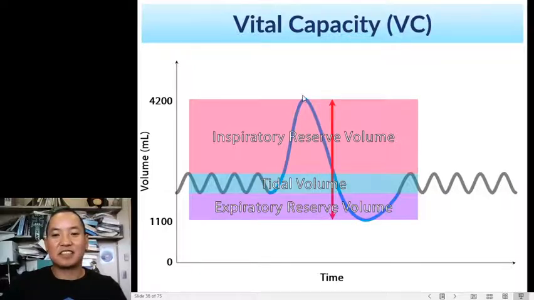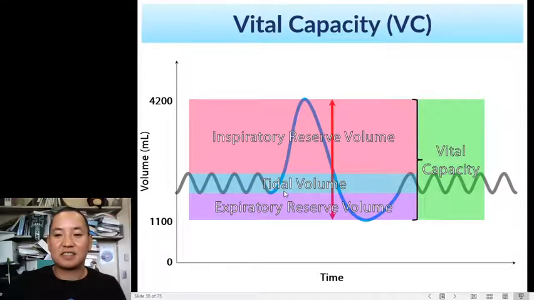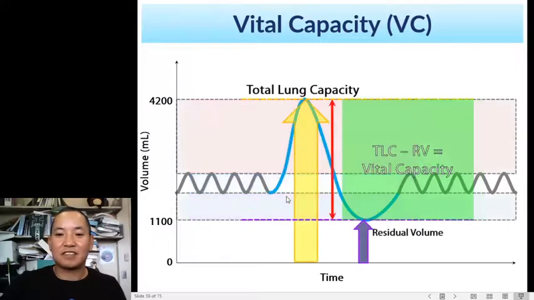I prefer just taking the maximum versus the minimum, but they both end up with the same number either way. Now, total lung capacity and residual volume, this is the way I like to measure it. I don't like to add those three numbers. I just like to do simple subtraction and boom, I have my vital capacity from that graph.